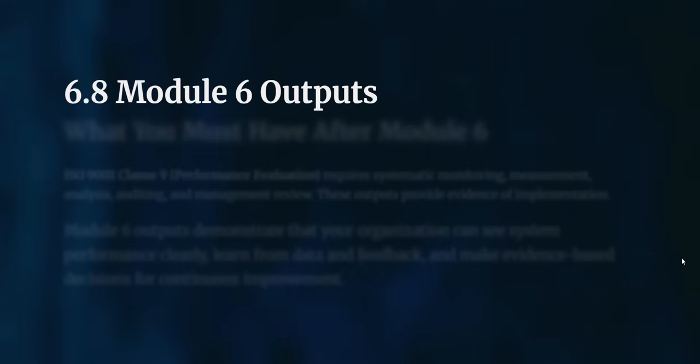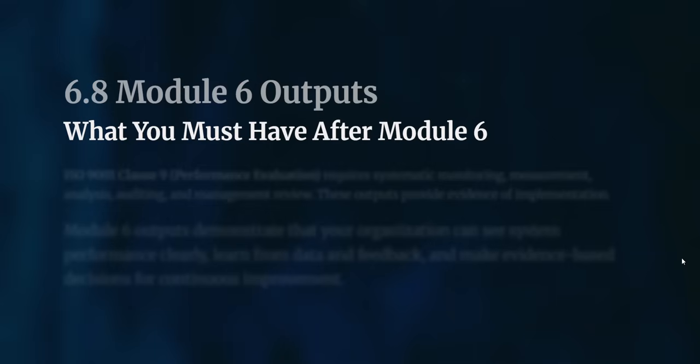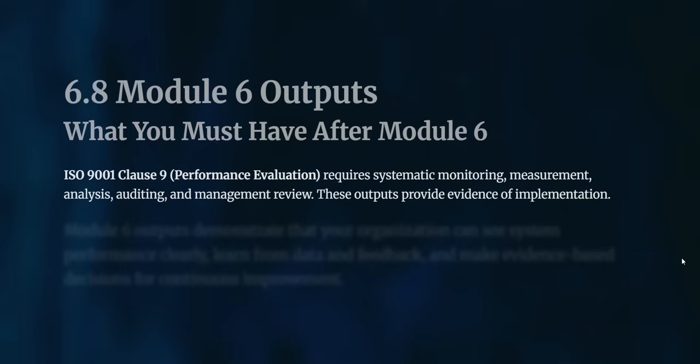Our eighth topic today is Module 6 outputs. What you must have after Module 6 completion today: ISO 9001 Clause 9, performance evaluation, requires systematic monitoring, measurement, analysis, auditing, and management review.